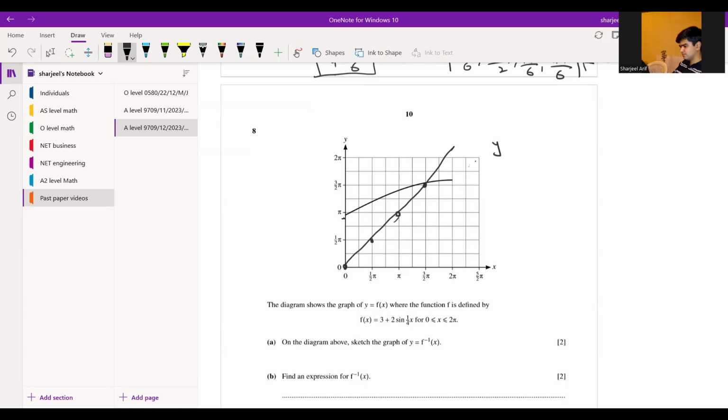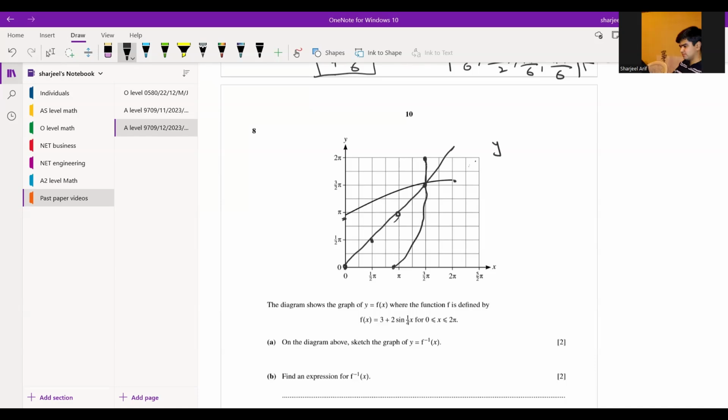So this point on the y-axis will become the point on the x-axis, and this point will become the point on the y-axis. So the graph will be of the same shape like this.